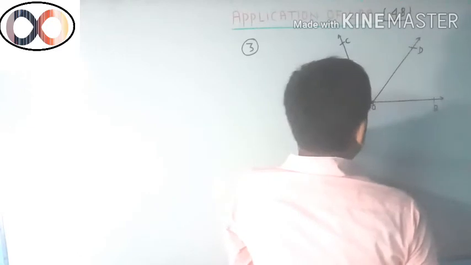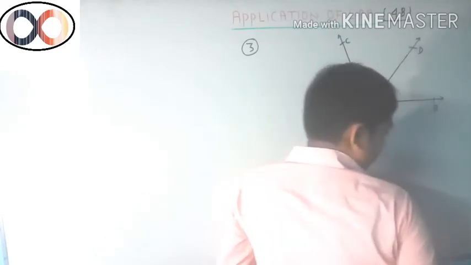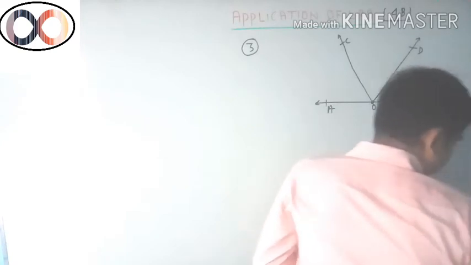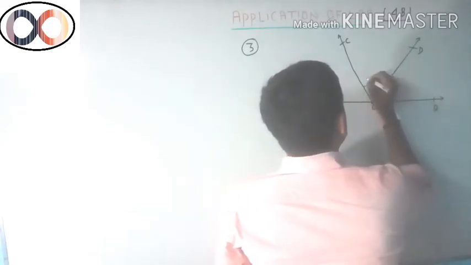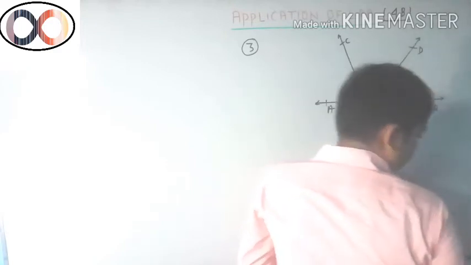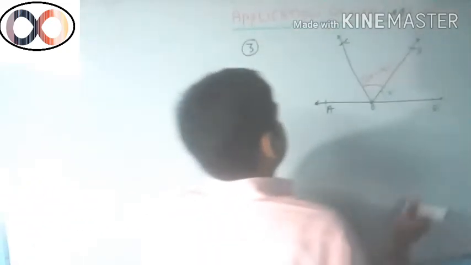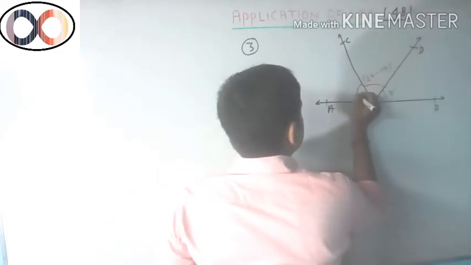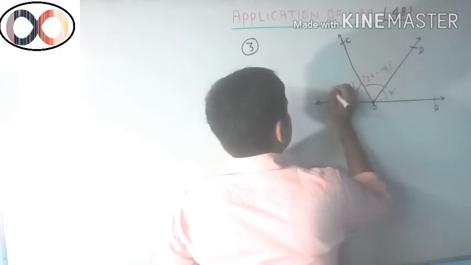So this angle is already given, that is x degree. Next, this angle is 2x minus 19 degree. Okay. And next is 3x plus 7 degree.